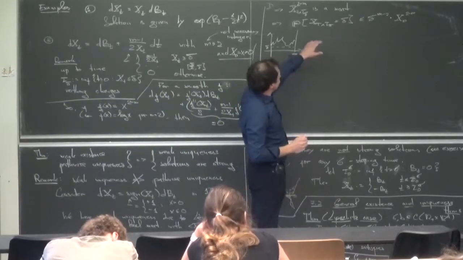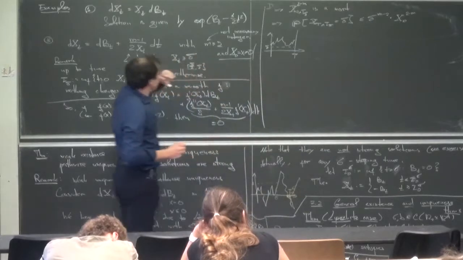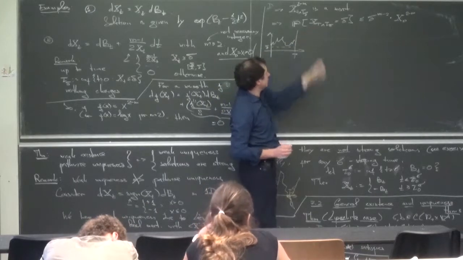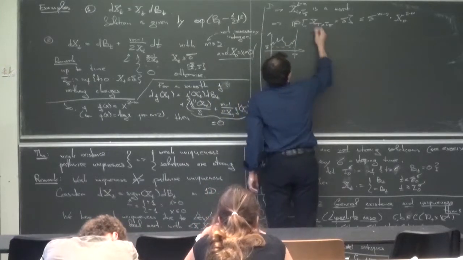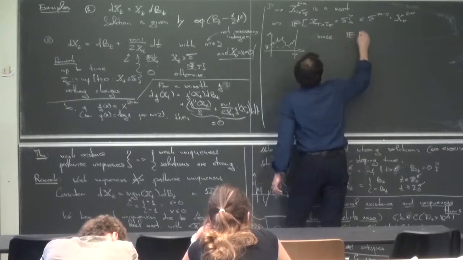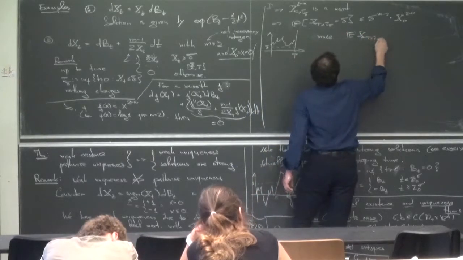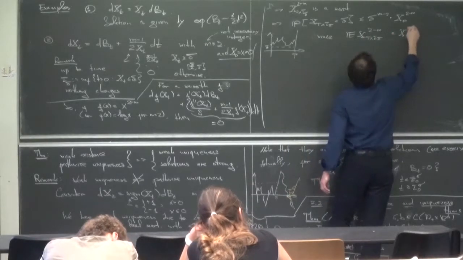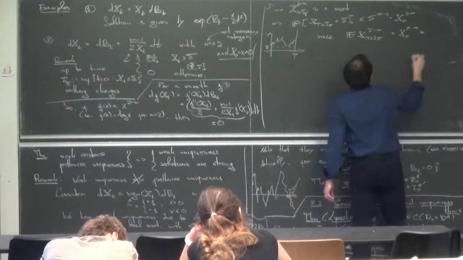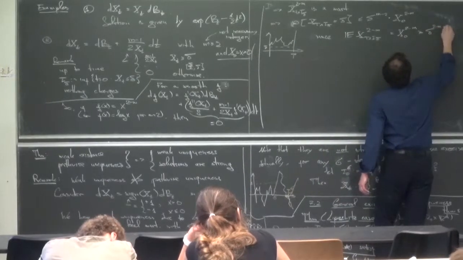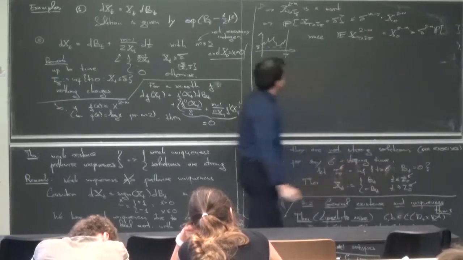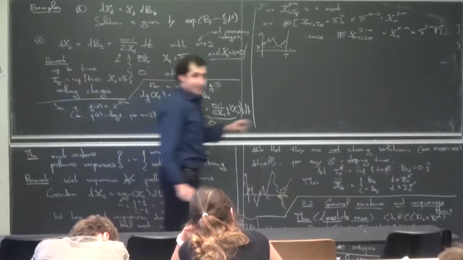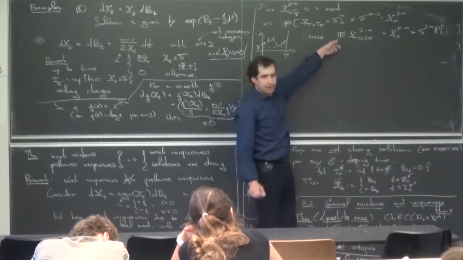What I'm saying, if I'm not messing things up, is that the expectation of x at tau delta to the power 2 minus m is x naught to the power 2 minus m, and it is at least delta to the power minus m times this probability. Is it clear, I mean, what happened?